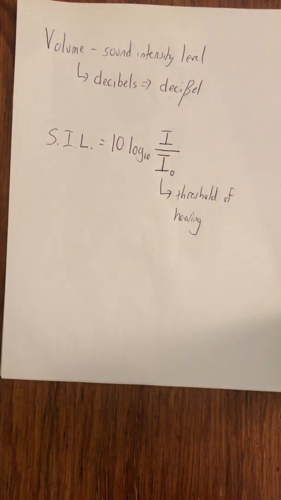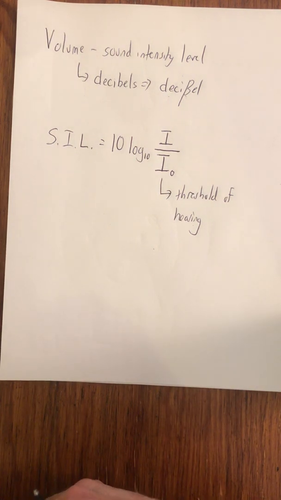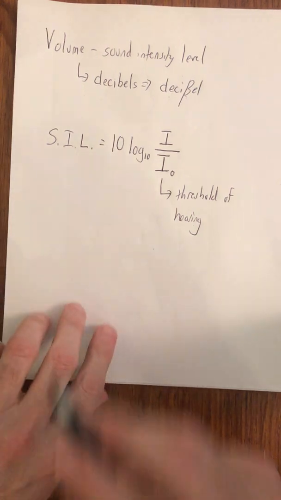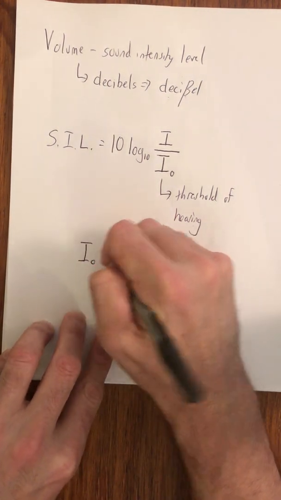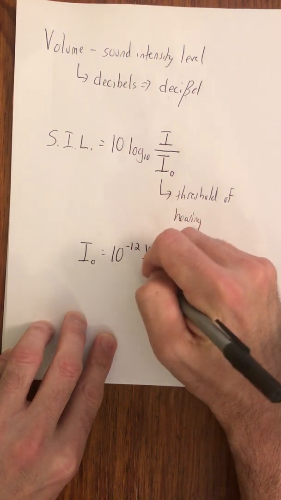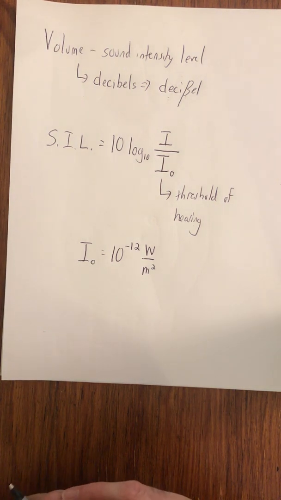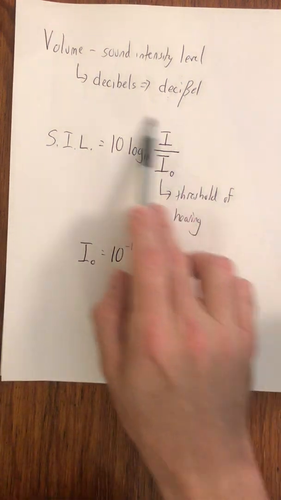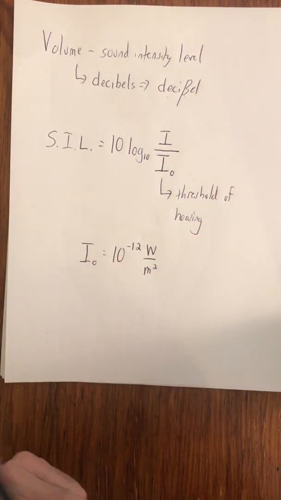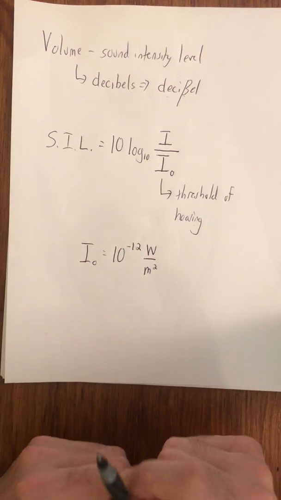The threshold of hearing is the minimum intensity that the human ear can detect and still register on the audio nerve. And the value for this is 10 to the negative 12th watts per meter squared. It's a very, very, very soft intensity. And for anyone that's interested, by the way, we're never going to use this equation to calculate anything. I just wanted to show you how complicated it is because it is going to use logs.